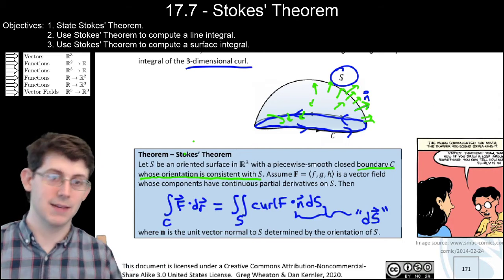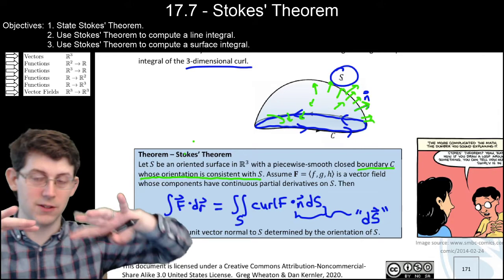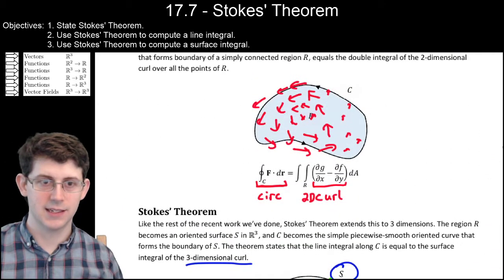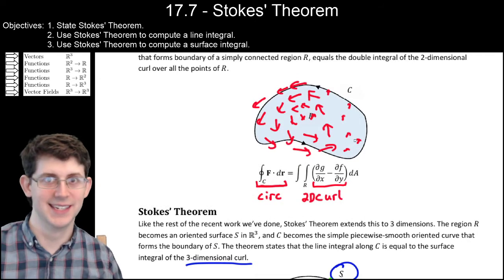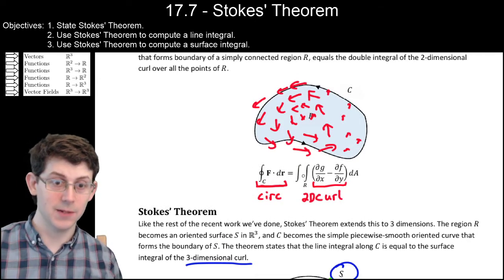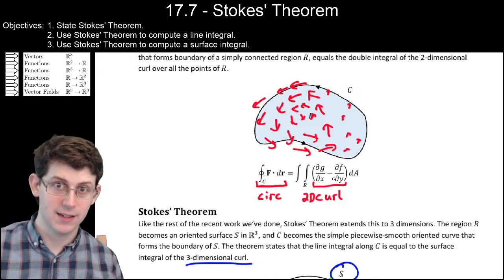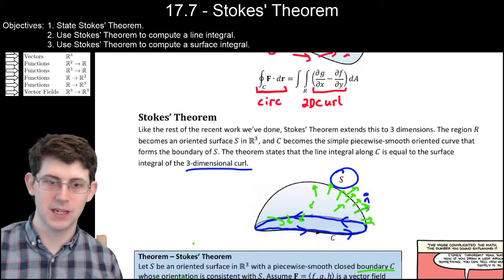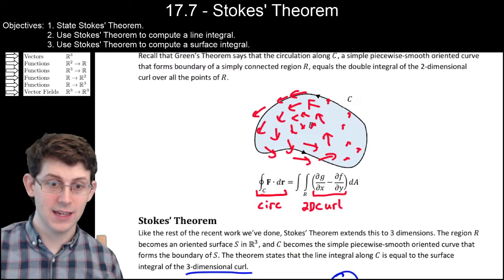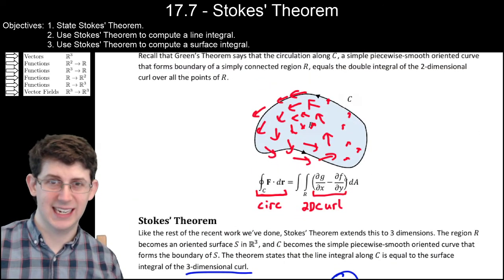In 3 dimensions, it might be a wavy surface that you're using to fill in the curve. In 2 dimensions, you just shade in the curve. In both cases, the circulation integral is equal to a double integral of the curl times dA, or in 3 dimensions, dS. So you find the circulation by adding up the swirliness on the inside.